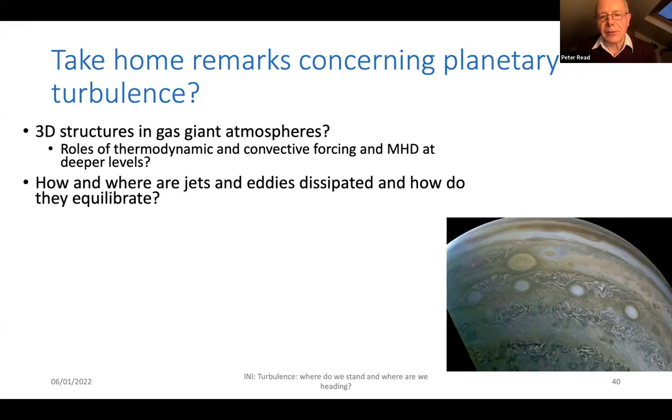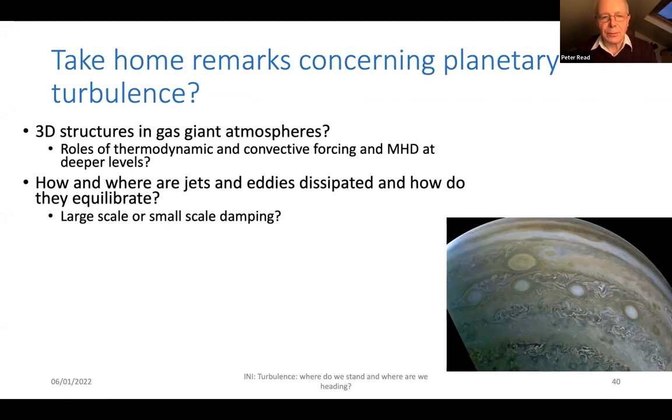All physical atmospheres are essentially forced and dissipative systems, but where the jets and eddies are dissipated in a planet that has no solid surface is a very interesting question that has both physical and philosophical elements to it, I guess.